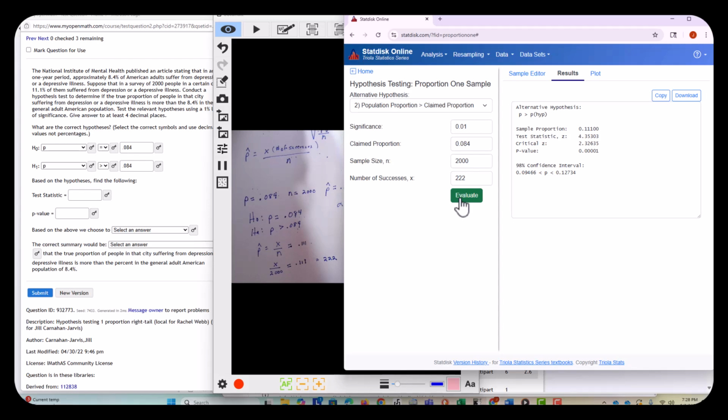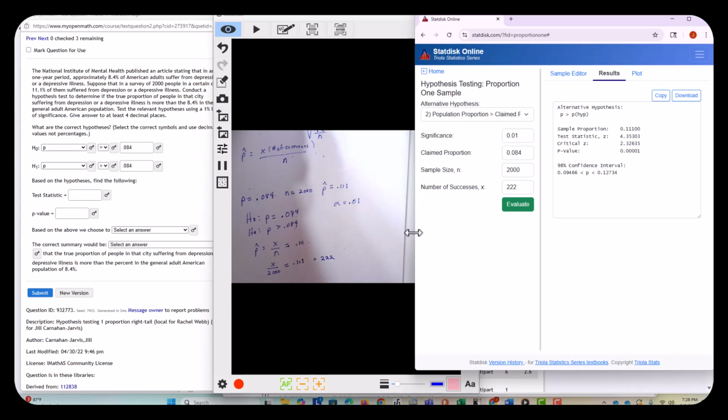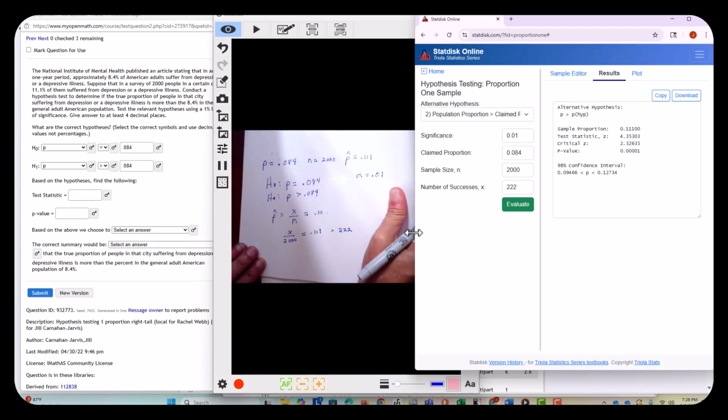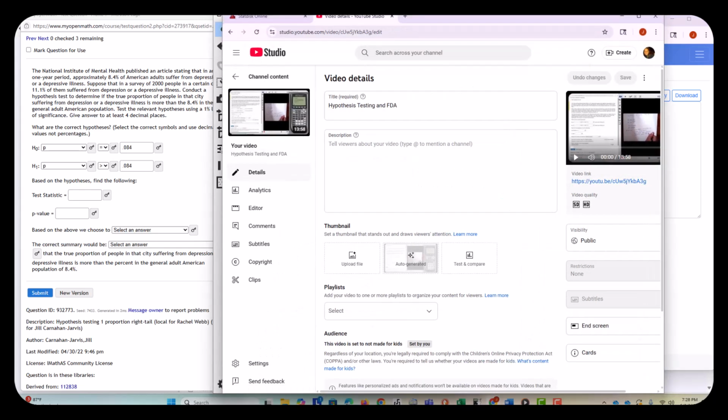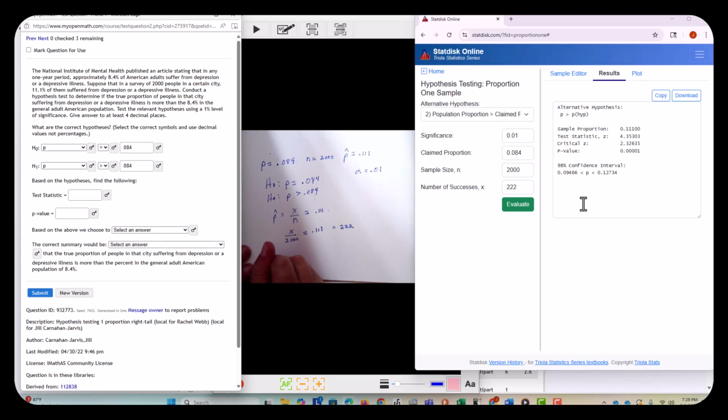Evaluate. Four decimal places. So our test statistic z is going to be equal to 4.3530, and that's a pretty high z value.